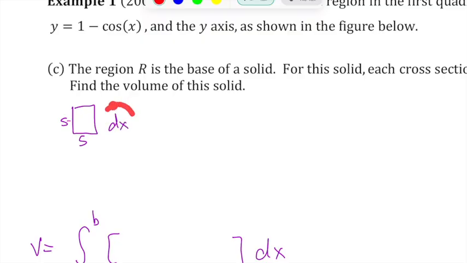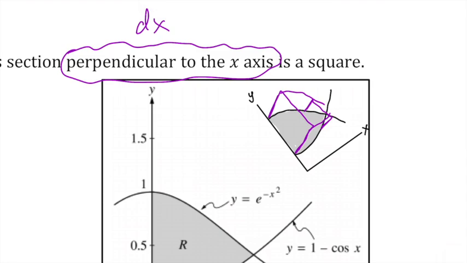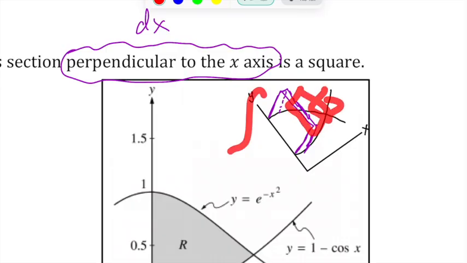And where this is coming from, I will show you this on the picture, right? So again, if I want to find the volume of this 3D shape, I need to find the volume of a little tiny square. So basically, if I can find the area of this square, or this cube, I guess it's what it's called, and then I'm going to take the integral of all of the little cubes that are right here.